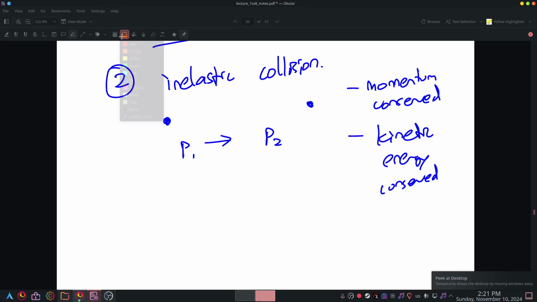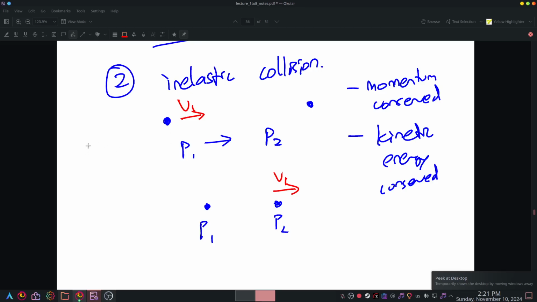The most classic example is where this proton is traveling at v1 before collision. After collision, proton 2 will travel off at velocity v1.